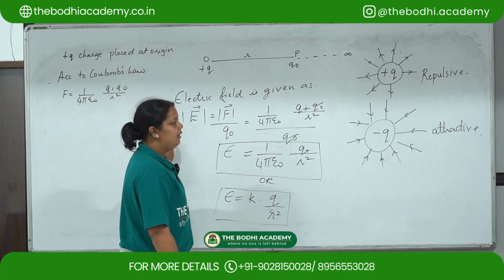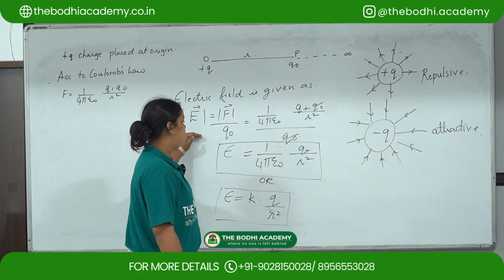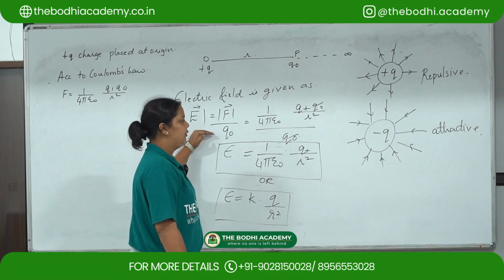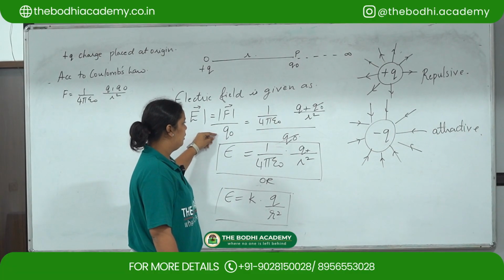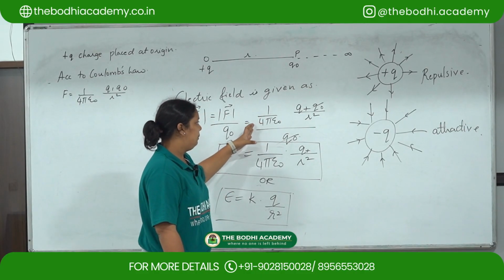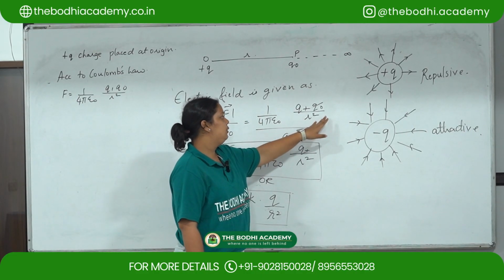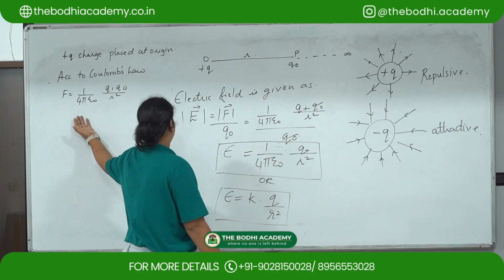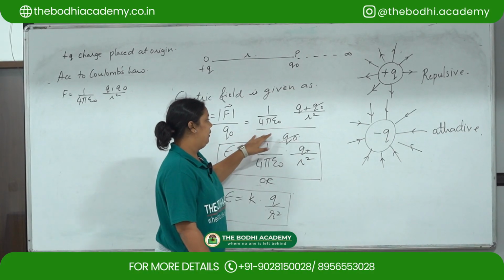So the formula for electric field is equal to force upon Q naught, where Q naught is the test charge. So that is 1 upon 4 pi epsilon naught Q Q naught upon r square, with the same formula substituted here, upon Q naught.